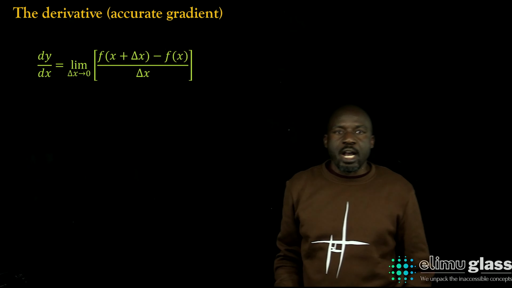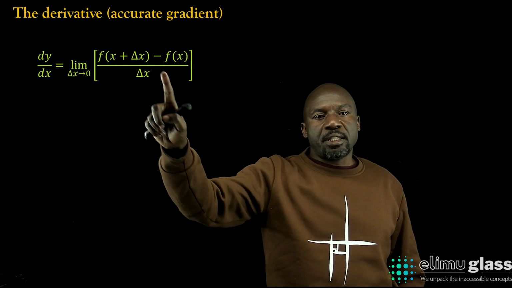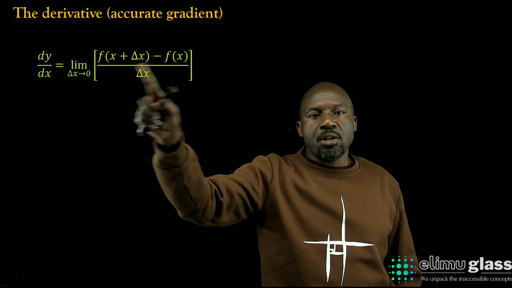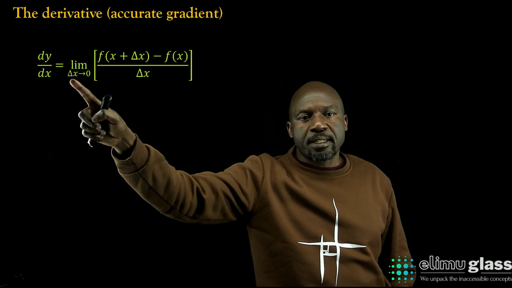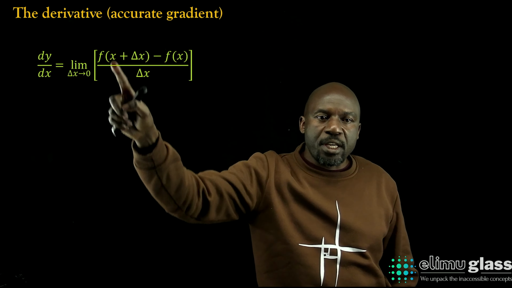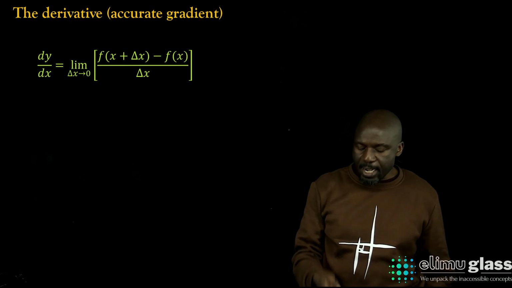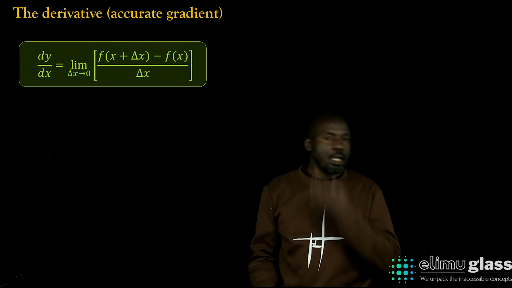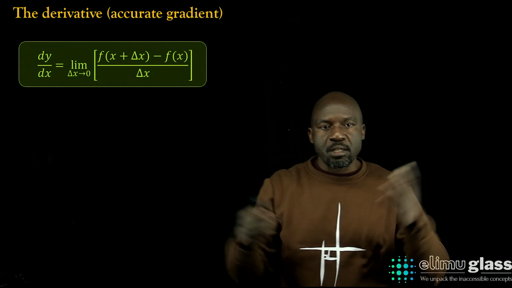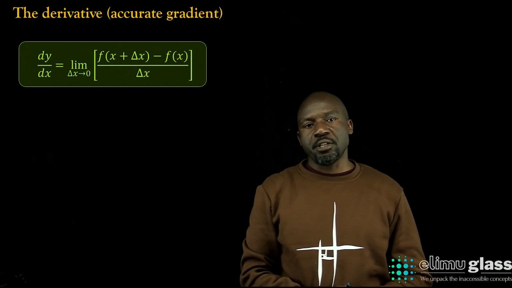We write dy by dx, remember delta y over delta x was expressed like this, so the true gradient is the limit as delta x tends to 0 of this expression here, all right? And that is an important expression. That's really it. If we can do that with different functions, then we are actually differentiating.